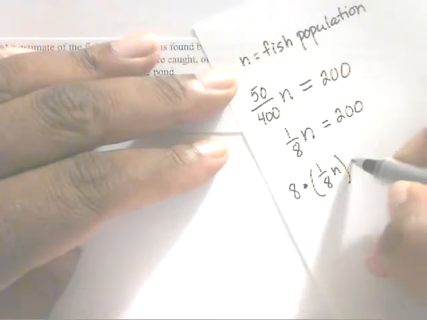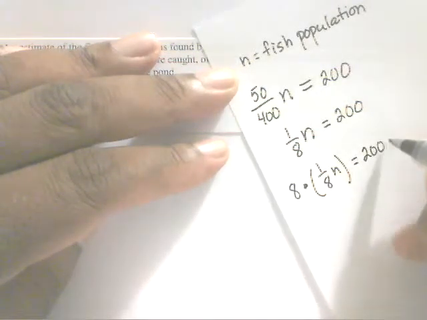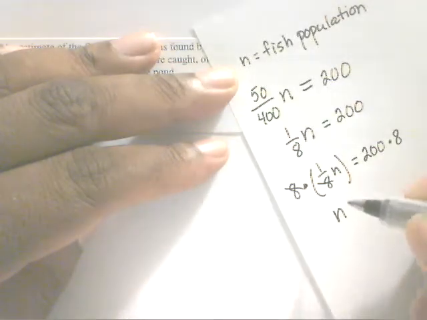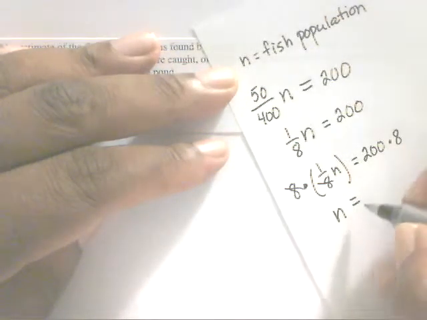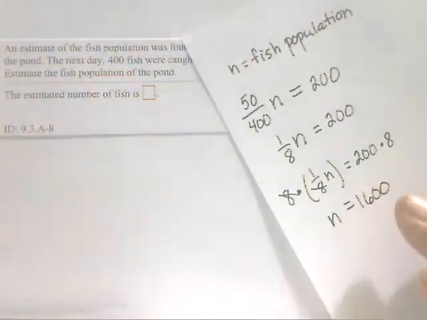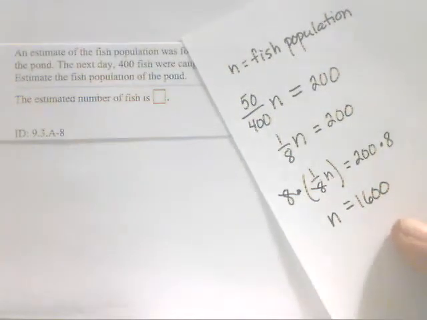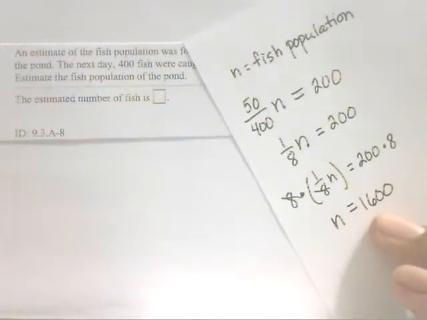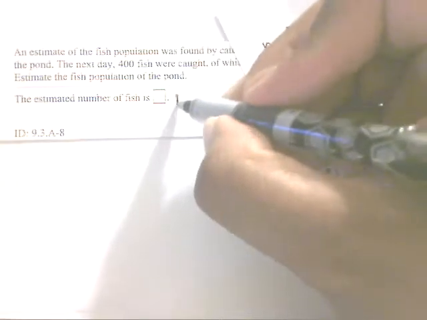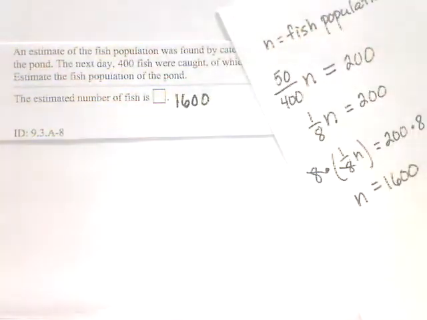So here I'm going to multiply both sides by 8. Then I'll have N by itself because the 8's divide out. So 200 times 8 will be 1600. So we can estimate that there are 1600 fish in the pond as a total population.